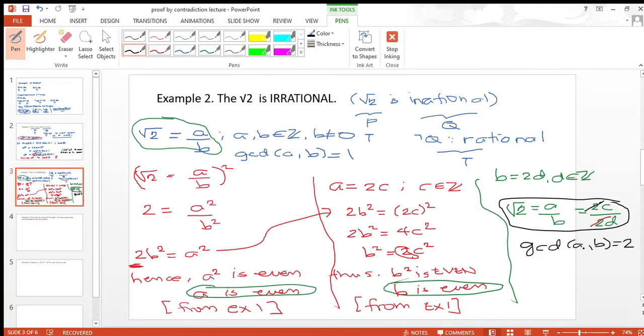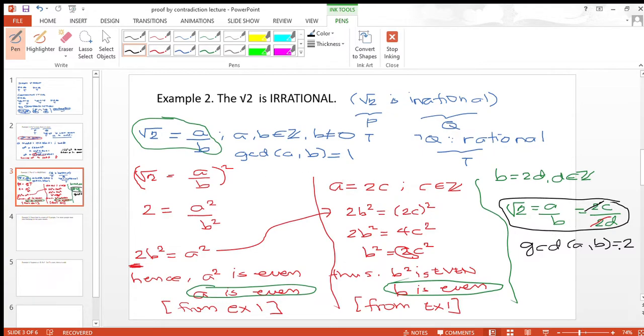Okay? Because you have seen that a is even, b is even, therefore a is 2 times c, b is 2 times d, giving us the greatest common divisor of a and b is equal to 2. But where is the contradiction? The contradiction now comes in here.